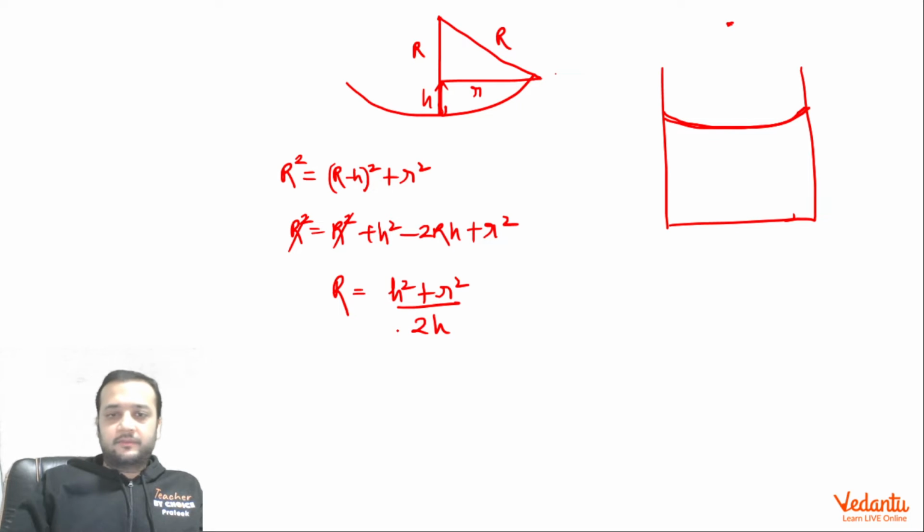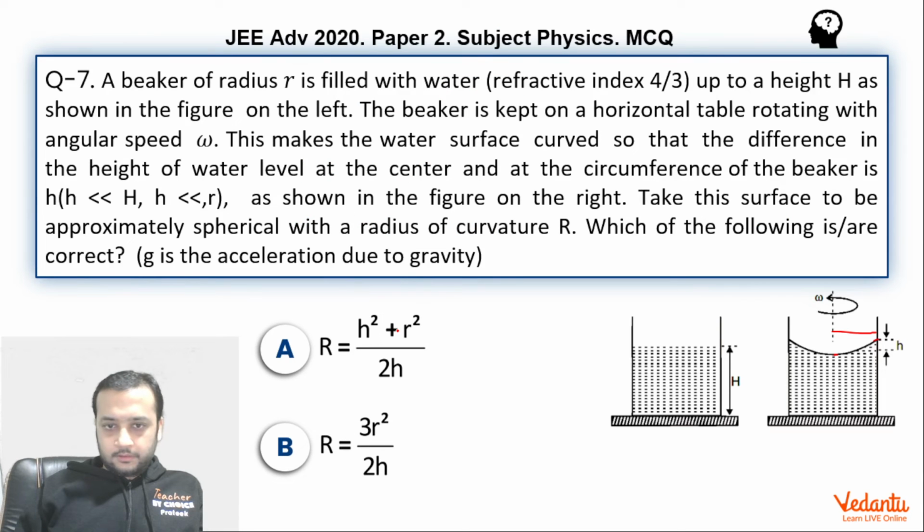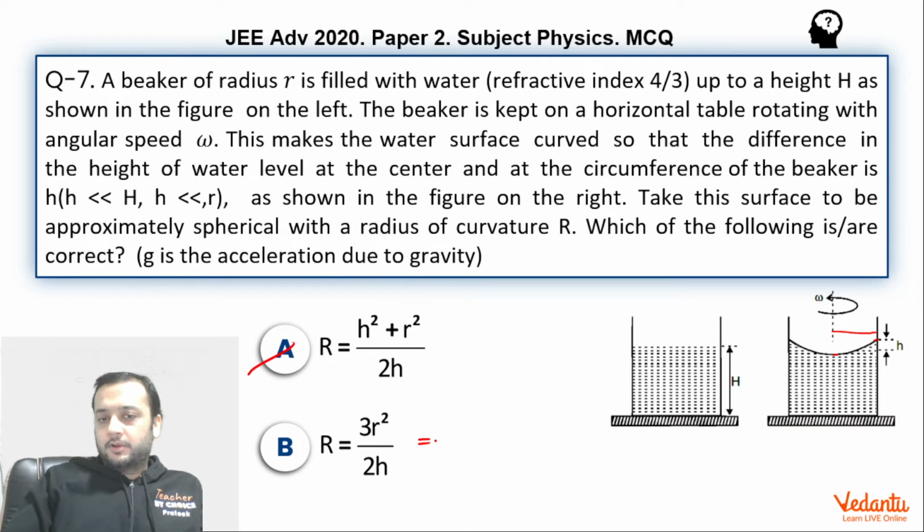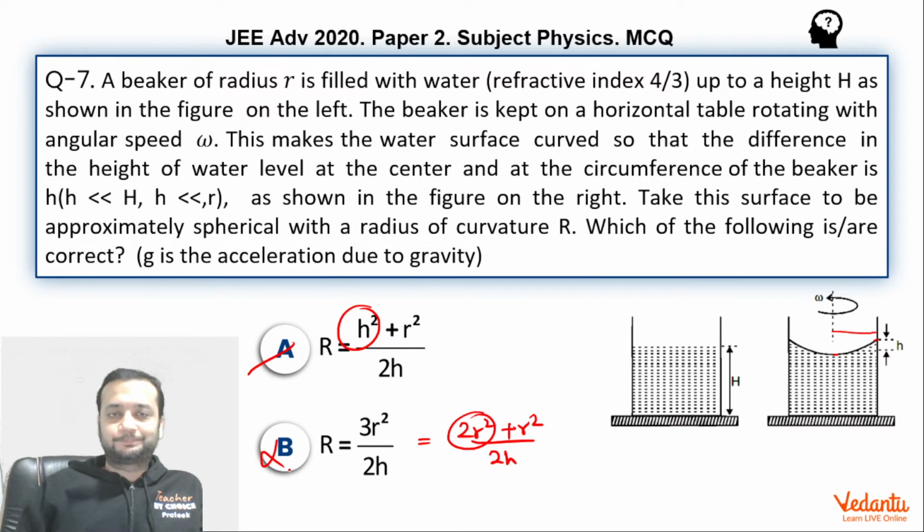So option A matches, h square plus r square by 2h. Option B obviously will be wrong, because this becomes 2r square plus r square upon 2h, and 2r square cannot be equal to h square because r was given much larger than h. So if A is right, B has to be wrong.